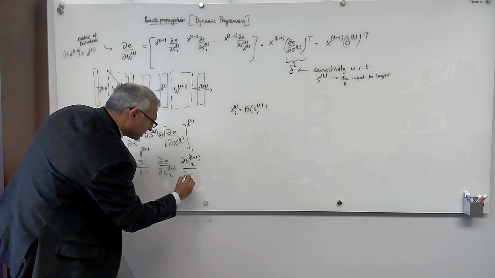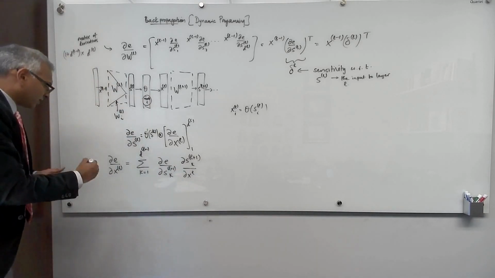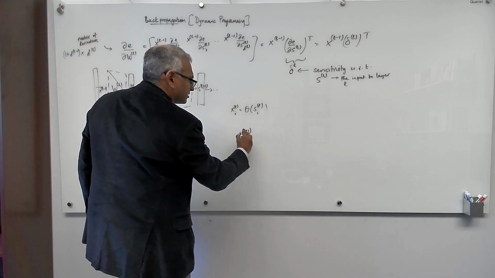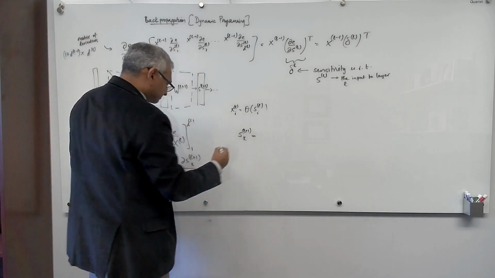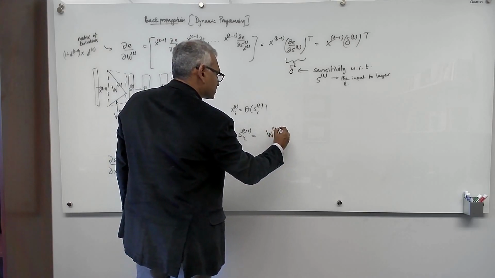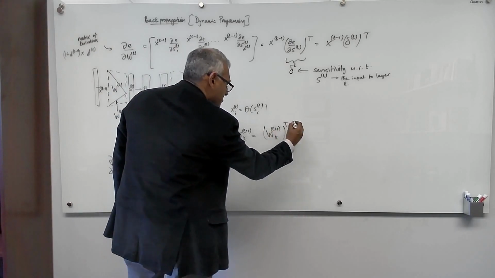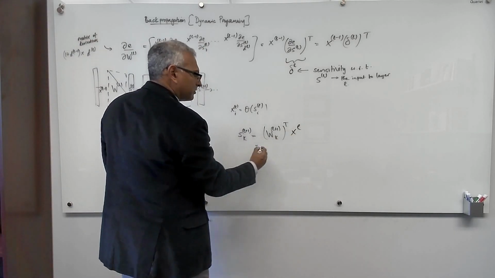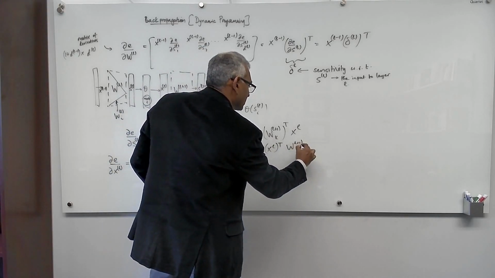But again, we know that SL plus 1K, the kth node in the L plus 1th layer, is equal to W L plus 1K transpose XL, which can equally well be written XL transpose WL plus 1K.